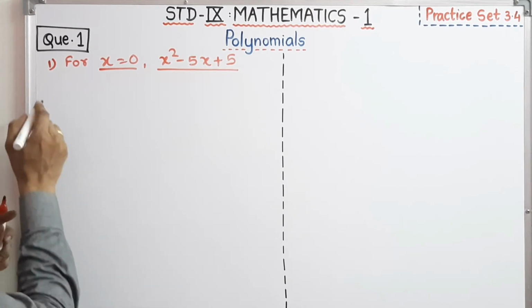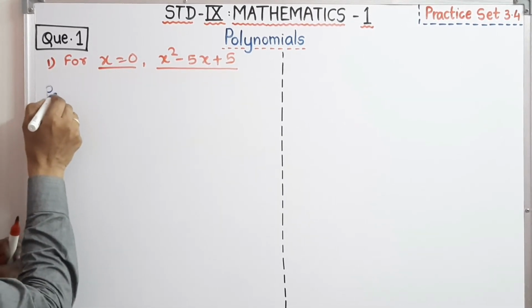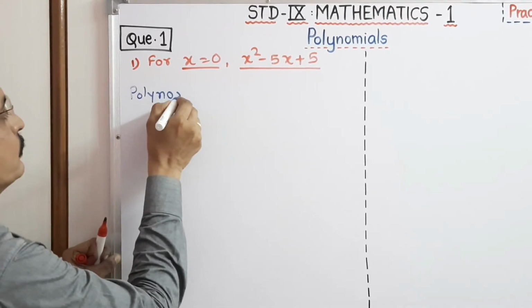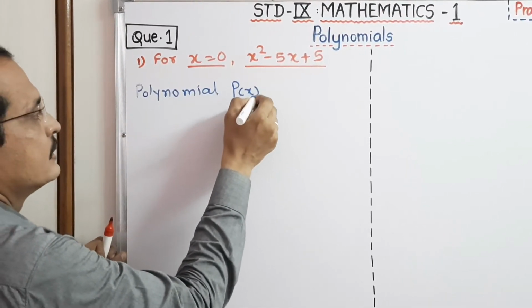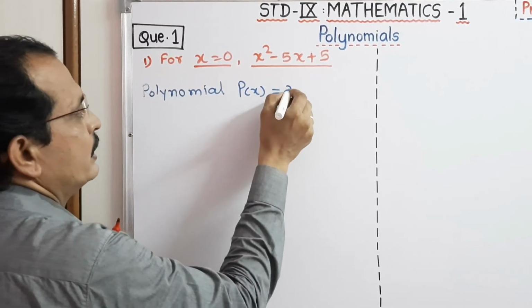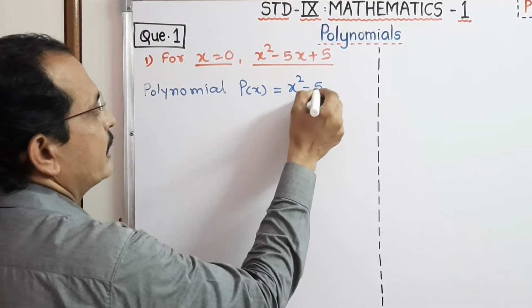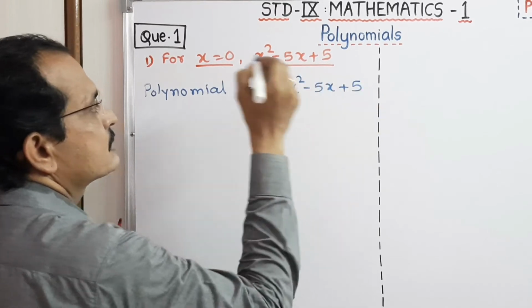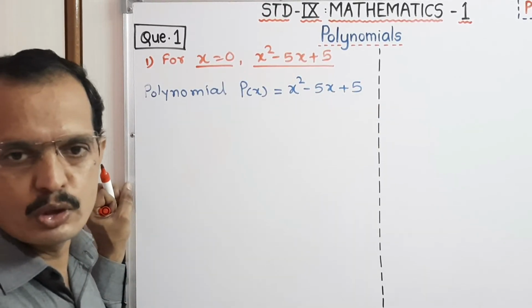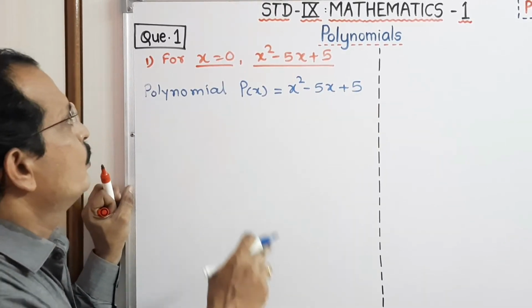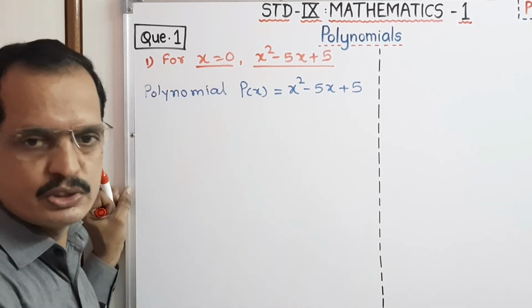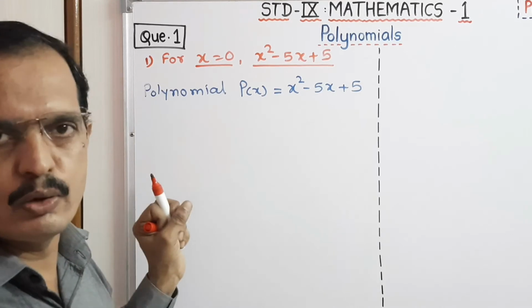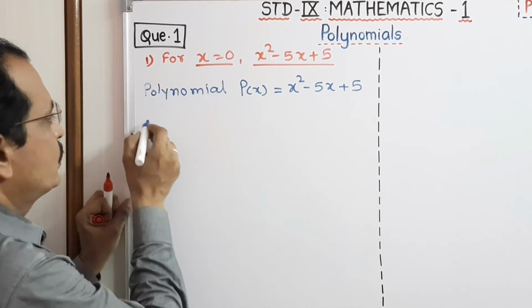Therefore, first of all, we have to write the polynomial p(x) is equal to x squared minus 5x plus 5. This is the given polynomial, and we have to find the value of this polynomial for x equal to 0.